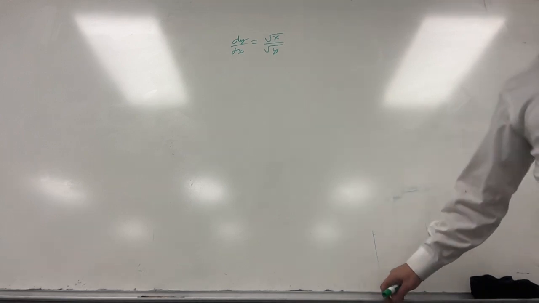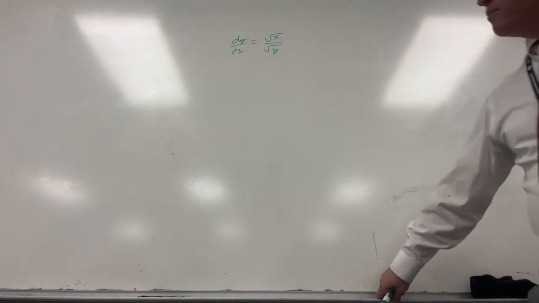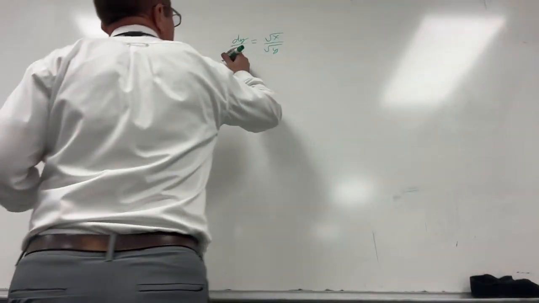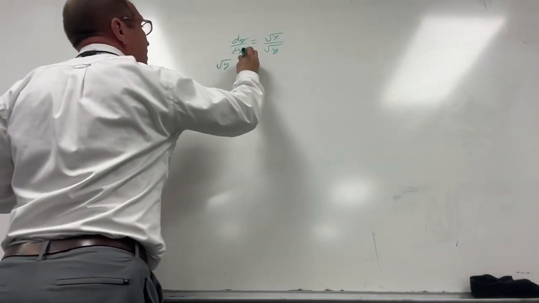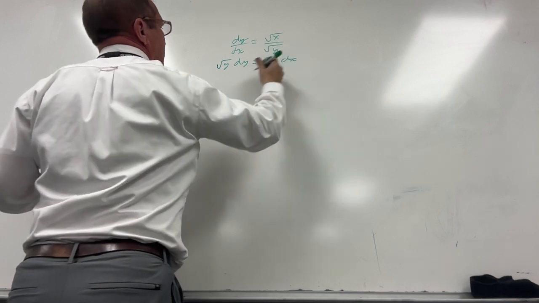Okay, so what did we say that the first step would be here? Separate the variables. So the square root of y dy equals the square root of x dx.